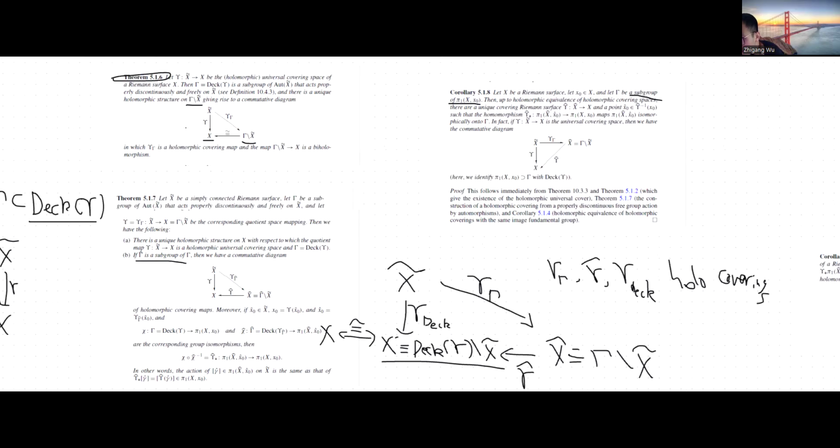Maps pi1 of X hat, x naught hat isomorphically onto.